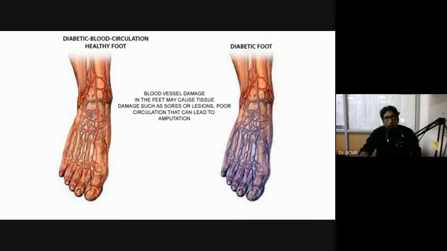There is another problem, at least in the feet and other peripheral blood circulatory system, where there can be damage. They call it diabetic foot as well, where the blood vessels become narrow, right? Because of that, there is not enough supply of blood.